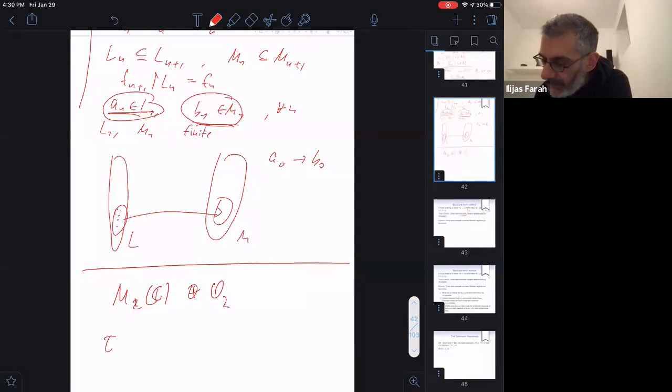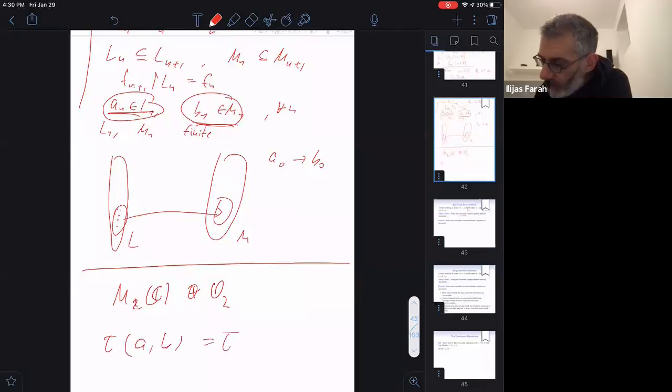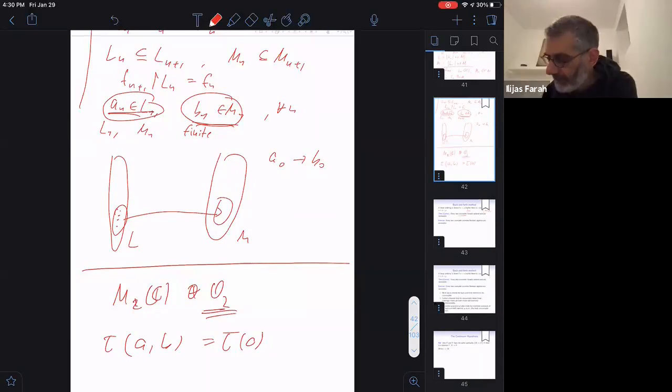If I take the trace of (A,B) to be the trace of A, this is a tracial state. It annihilates O_2. Okay, thank you. Yeah, I'm not sure how I overlooked this when I was preparing.